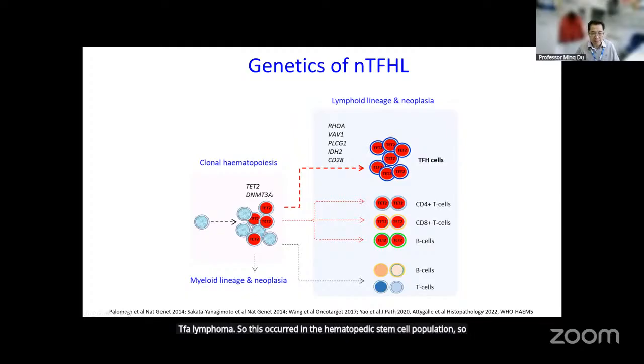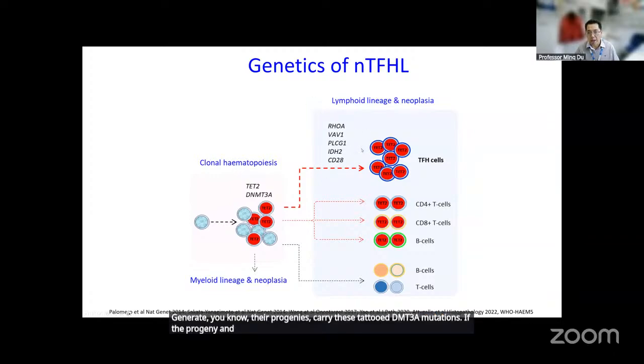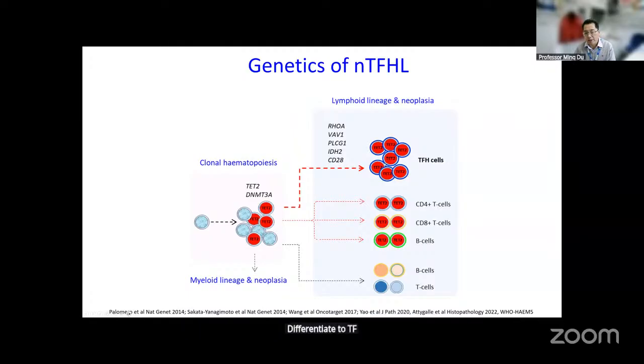Therefore, this stem cell population can generate progenies that carry these TET2 and DNMT3A mutations. If the progeny acquire a lymphoma-specific mutation like RHOA, VAV1, PLCG1, etc., then they can differentiate to TFH cells, gradually leading to malignant transformation.